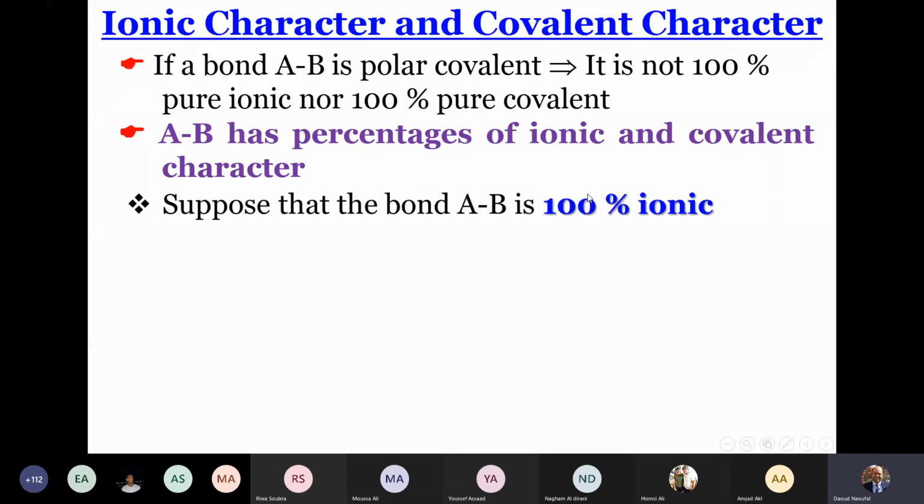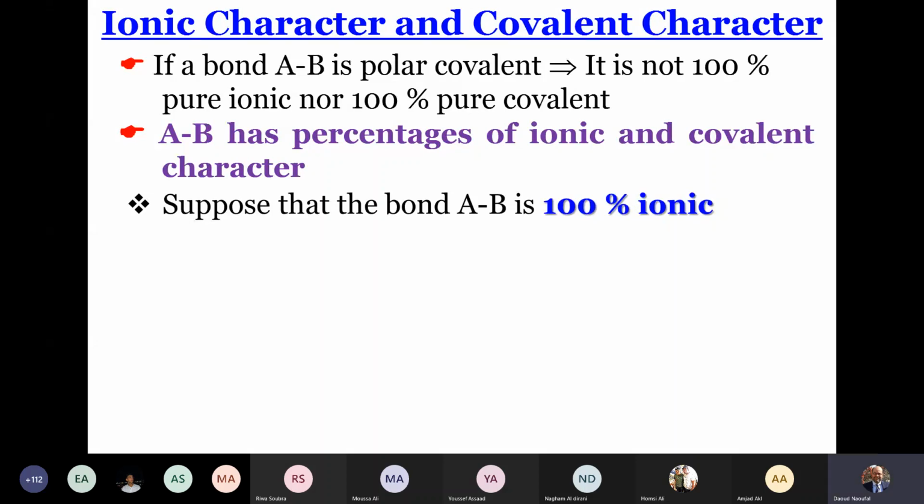So now, how do we calculate the percent ionic and the percent covalent of the bond? Pay attention. If the difference of electronegativity is between 0 and 0.5, the bond is 100% covalent, 0% ionic.